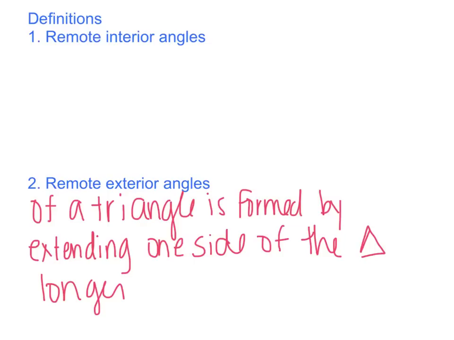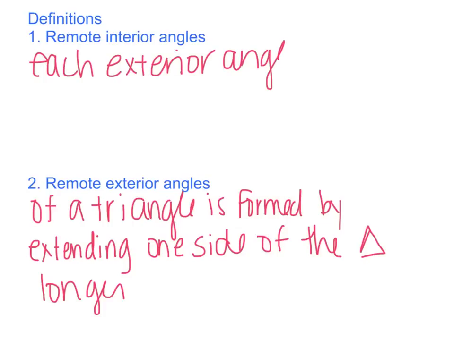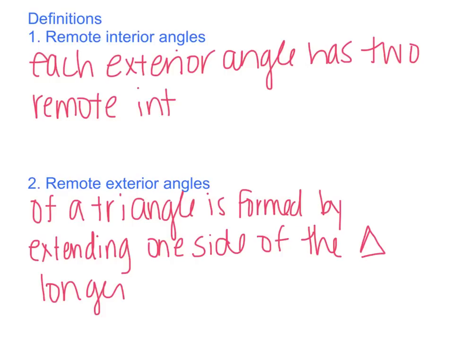So then a remote interior angle is that each exterior angle has two remote interior angles. So you cannot have one without the other when you're looking at triangles.